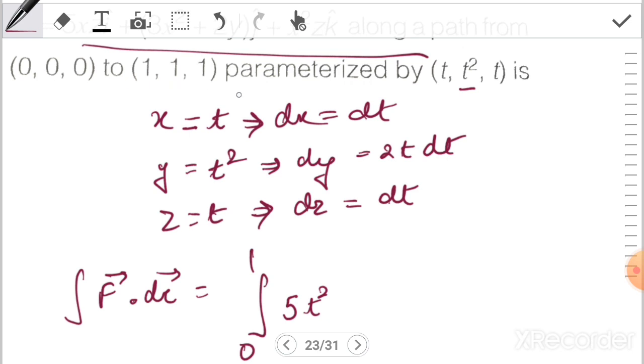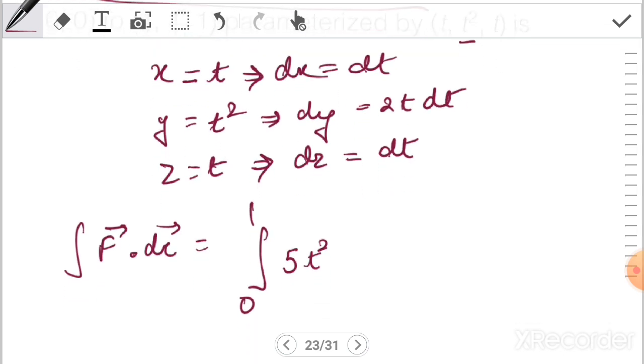Since x is varying from 0 to 1, t is also varying from 0 to 1, and y square is varying from 0 to 1, so t is varying from 0 to 1.